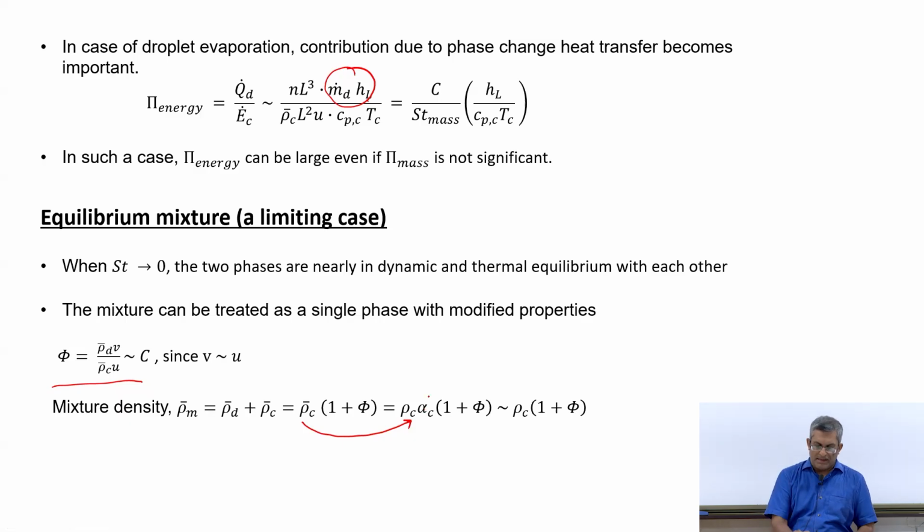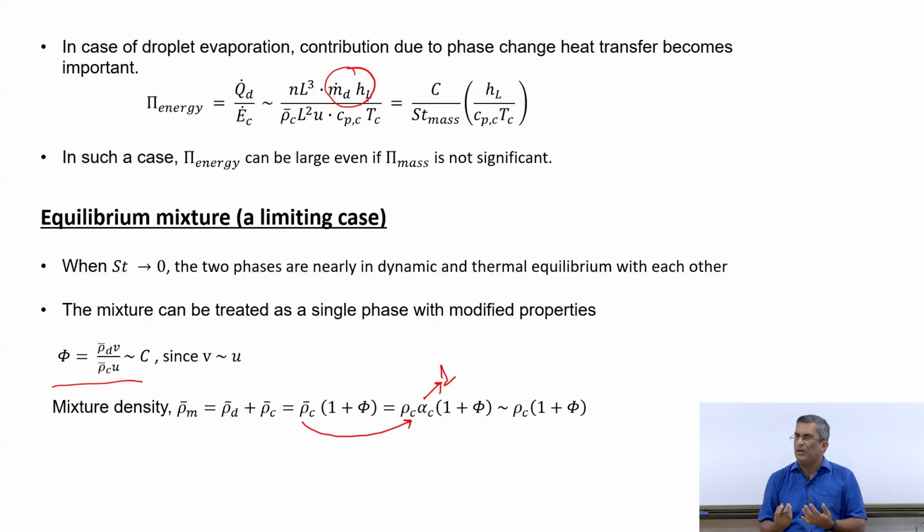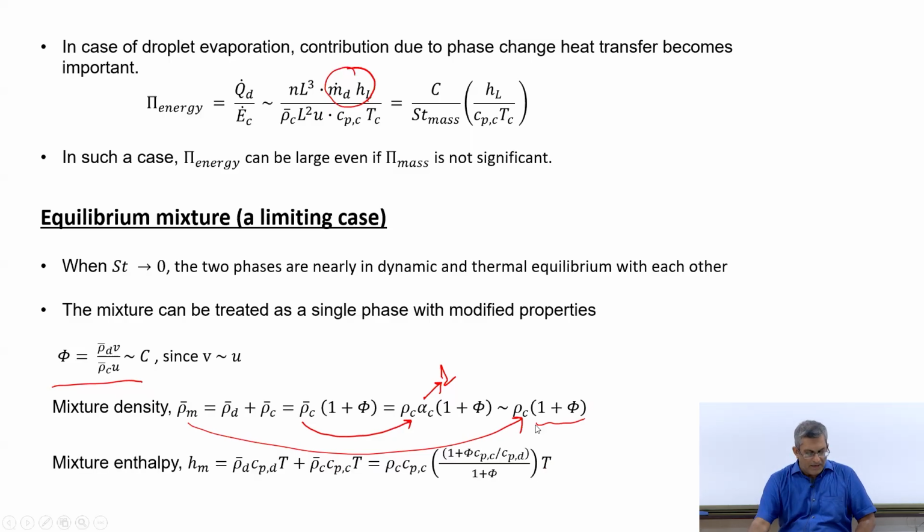But in this case, the volume fraction of the carrier phase should tend to 1. Why? Because again, the particle size is very small. Now we can express the mixture density in terms of the material density of the carrier phase, but with some factor. Similarly, we can define mixture enthalpy.